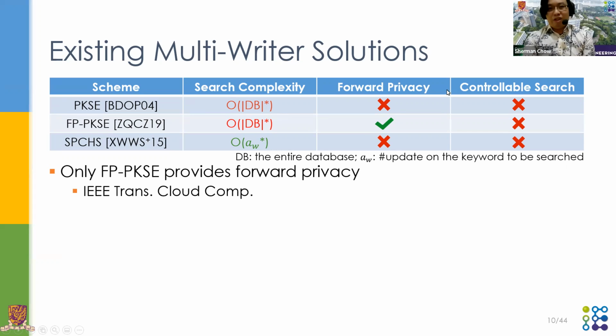There's low privacy and low controllable search, which I just explained. There's a proposal from a transition of cloud computing; I made up this acronym, which stands for private PKSE. So it's still a PKSE, the search capacity is still linear, and by the name itself it achieves some form of privacy, but still low controllable search.